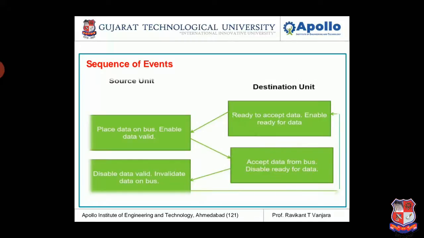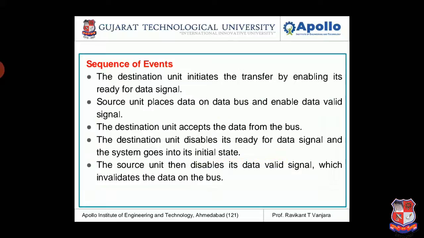Then the destination unit disables its ready for data signal, and in the same manner the source unit disables the data on the data bus and invalidates the data bus. This is the sequence of events that we have discussed.